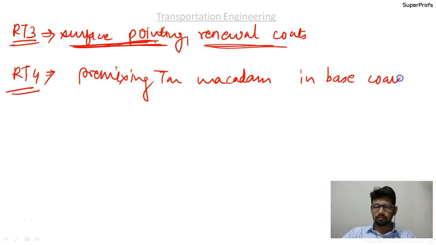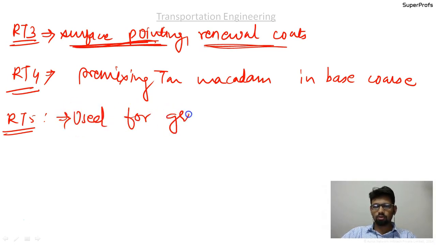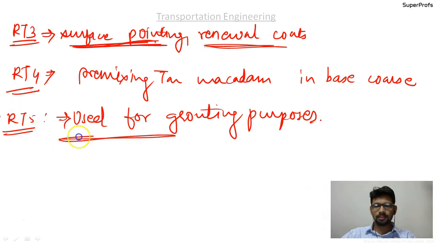RT5 is used for grouting purposes. So importantly, RT5 is used for the grouting purposes, RT2 is recommended for the Indian climates, and RT1 is used in the cold climatic conditions since it has less viscosity.